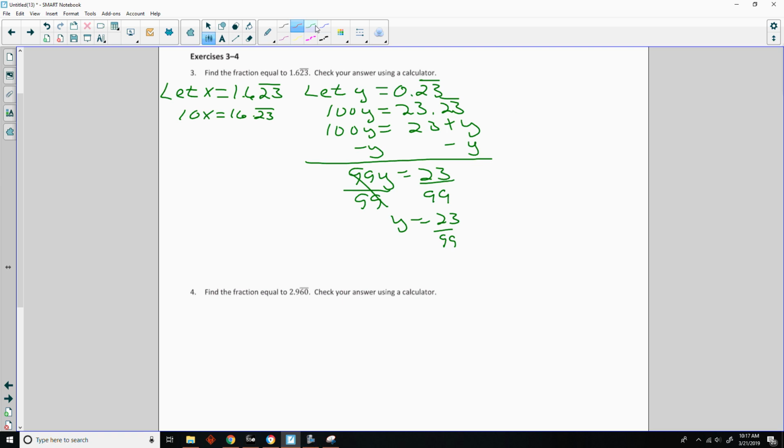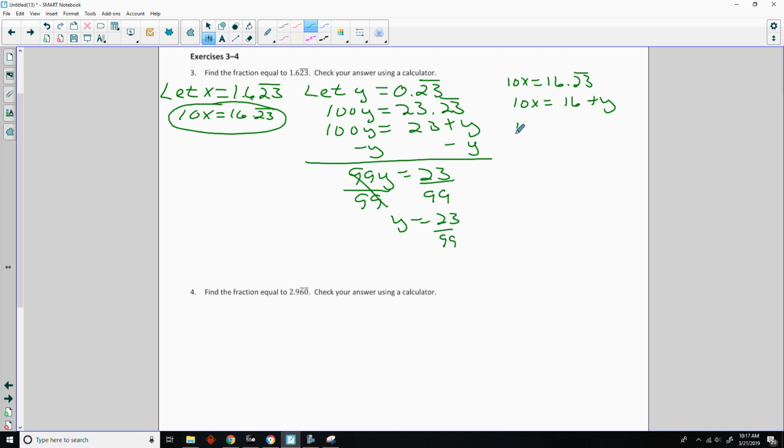So 10x equals, we're using this now, 10x equals 16.23 repeating. So 10x equals 16 plus y. Well, my y is 23/99.